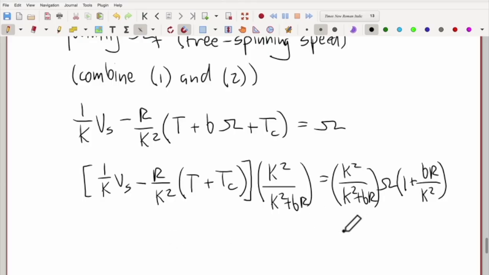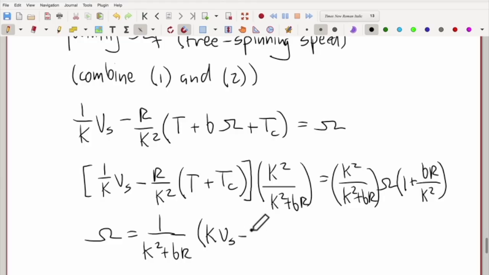That's going to cancel with this guy here, and I'm going to get an omega on the left, equal to 1 over k squared plus Br times, now I've multiplied by k squared, so instead of 1 over k Vs, I'm going to get a k Vs. And then here I'm going to get minus r, and I'm going to break it out into r Tc.